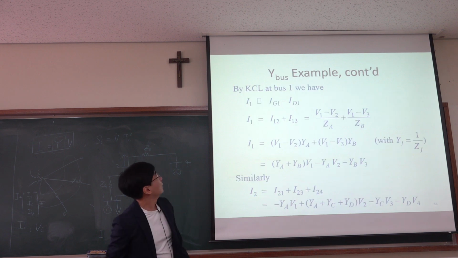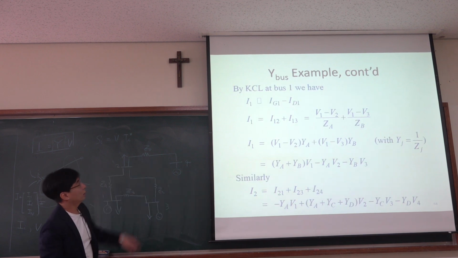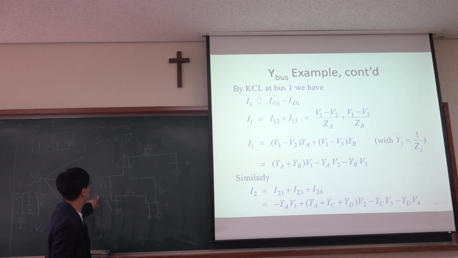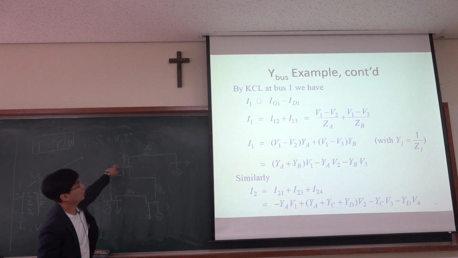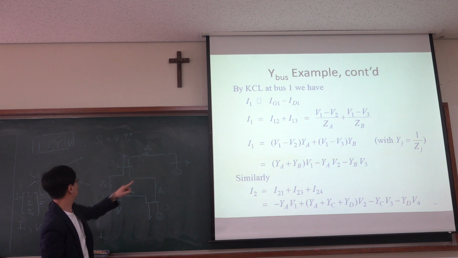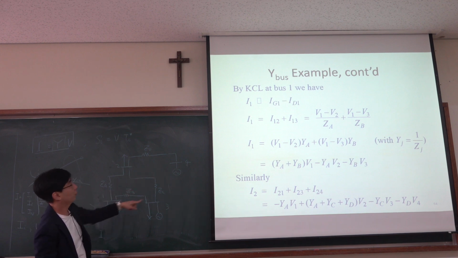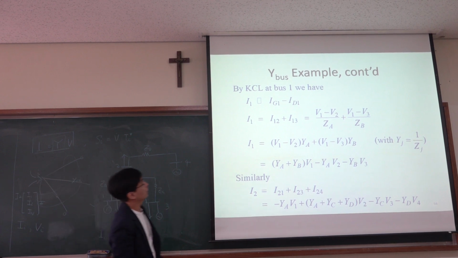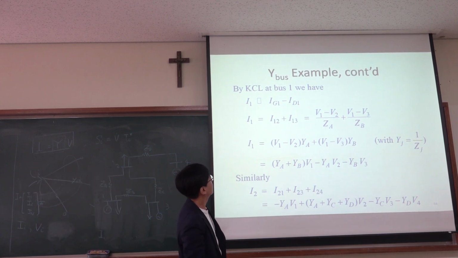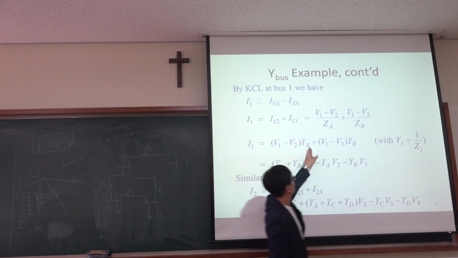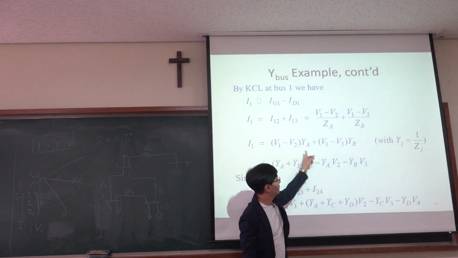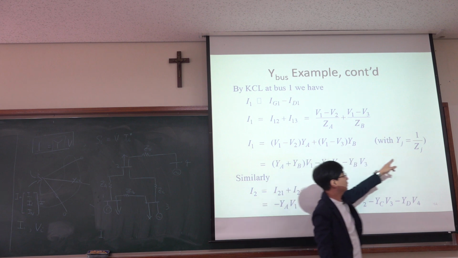Okay. So using KCL at bus 1 here, the injected current is I12 plus I13, and I12 is V1 minus V2 over ZA, and I13 is V1 minus V3 over ZB. And then, so yeah, here this capital Y is the admittance, which is the inverse of the impedance.